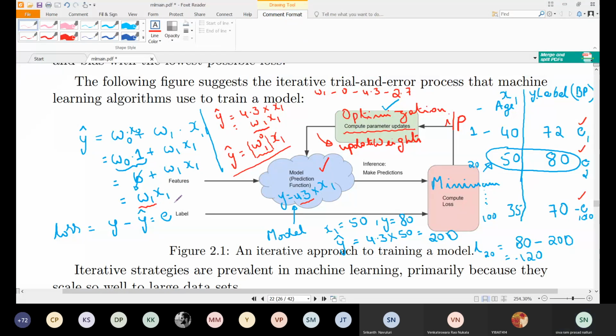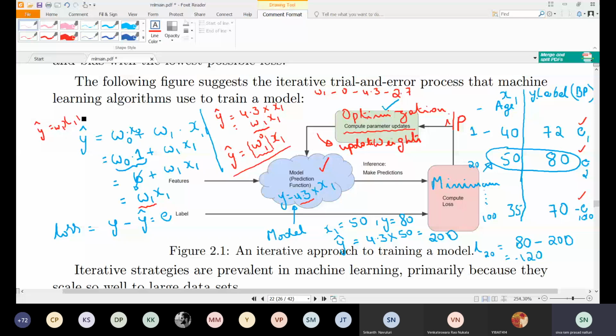Suppose you predict BP based on the age as well as weight, suppose your regression model is like this: y cap is equal to w1 x1 plus w2 x2. What is x1? Feature x1, age of the person.